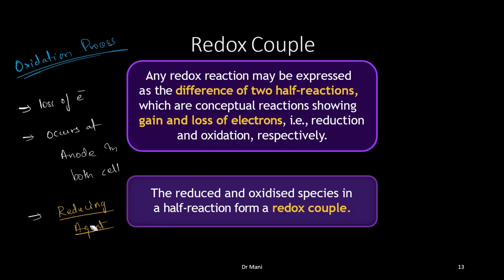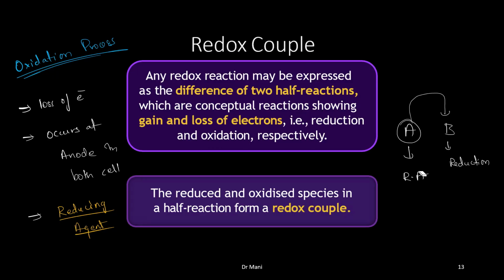So it will reduce the other compound. Suppose there are A and B; A is called the reducing agent when it makes B gain more electrons. A will donate those electrons, so that's why A is called the reducing agent and B is where the reduction is happening.